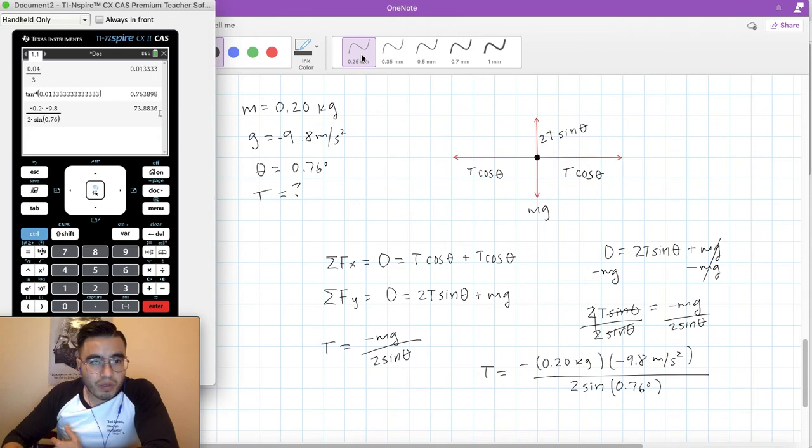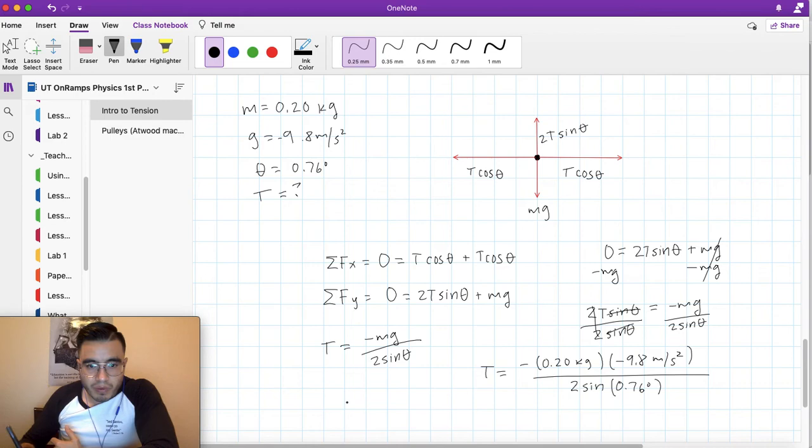So our force is 74 newtons. The tension force, or tension, is equal to 74 newtons on each side.